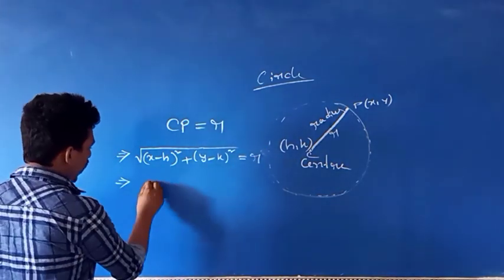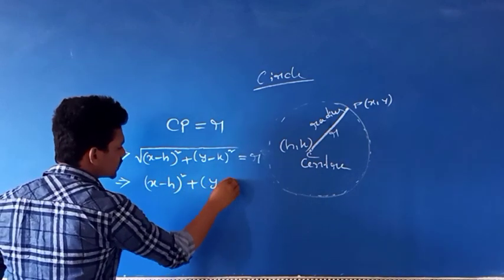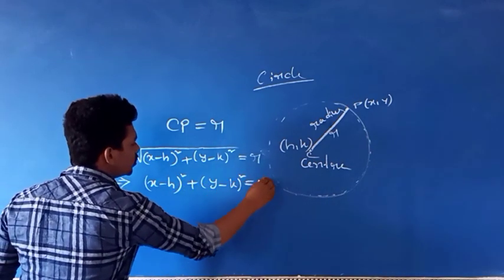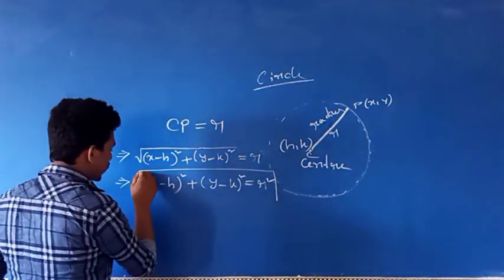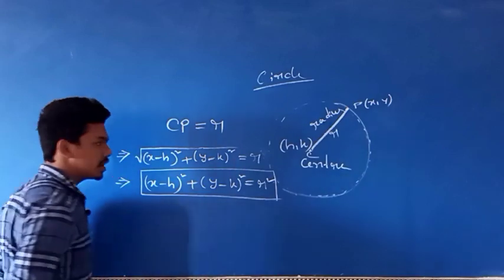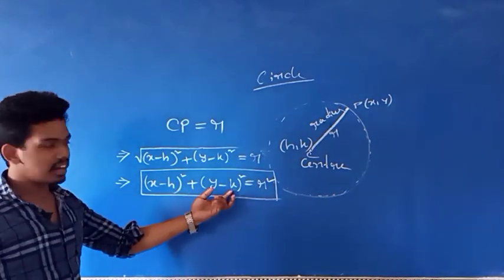Squaring both sides, we have (x minus h) whole square plus (y minus k) whole square is equal to r square. This equation represents a circle with center at (h, k) and radius r.